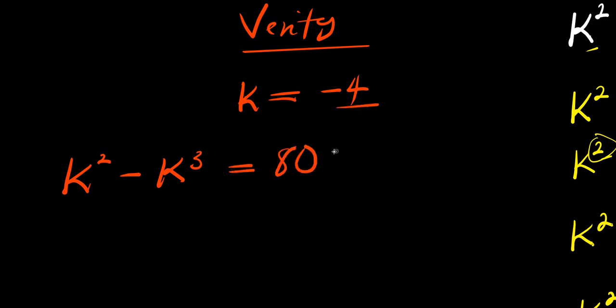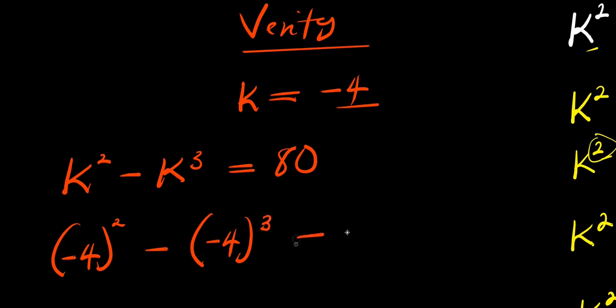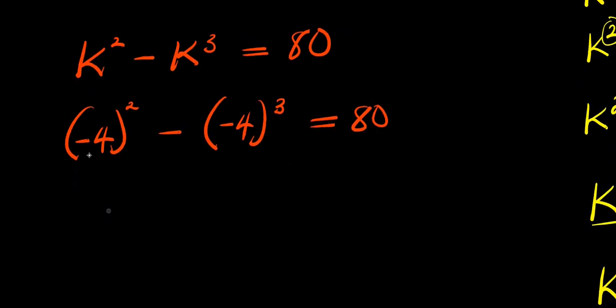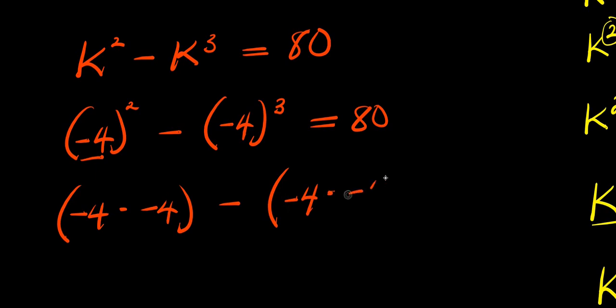We are going to insert this value for k, and that means we have -4 to the power of 2 minus -4 to the power of 3 equals 80. So from here, -4 to the power of 2, this is -4 times -4, minus -4 to the power of 3, this is -4 times -4 times -4 equals 80.